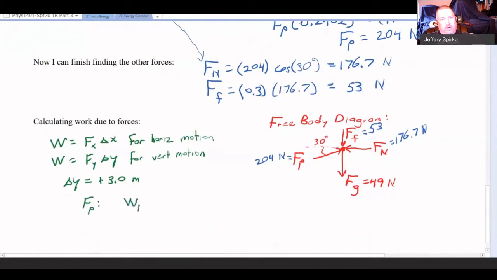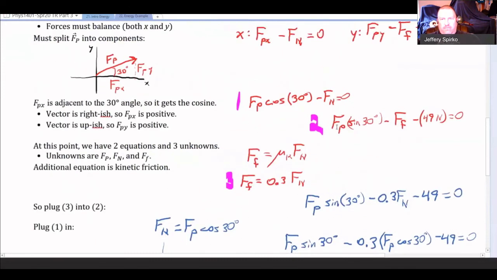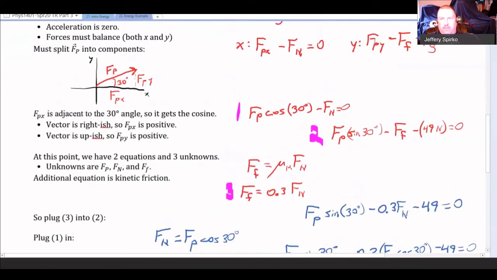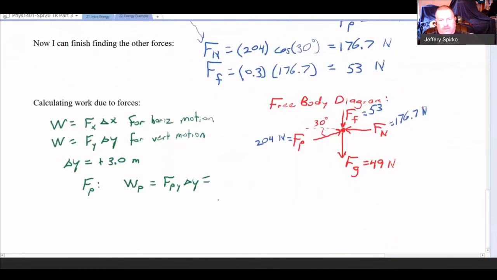I would call that work due to the pushing force is FPY delta y. And FPY, up here in our equations of motion, FPY was this thing, FP sine of 30. So I'm just going to write that there, FP sine of 30 degrees delta y.